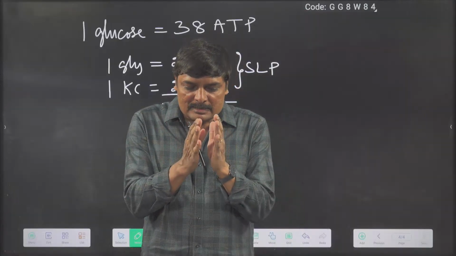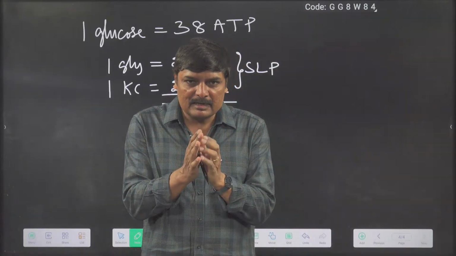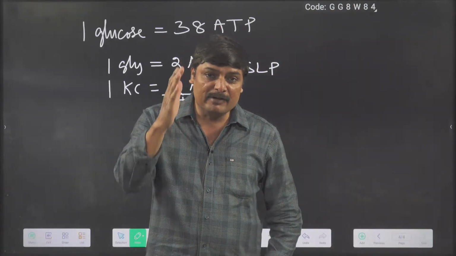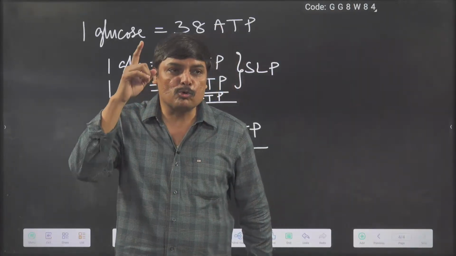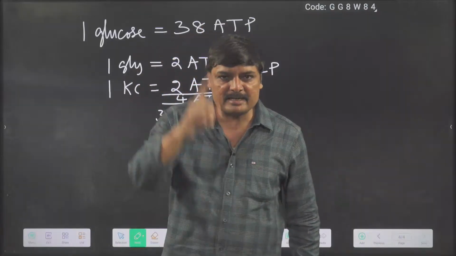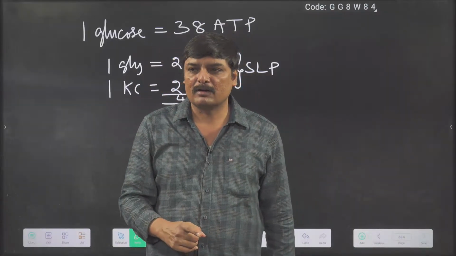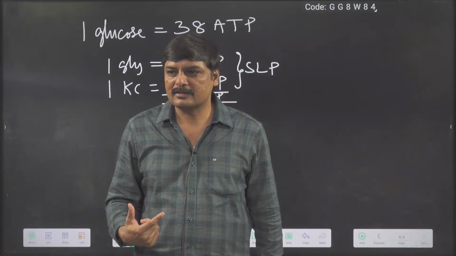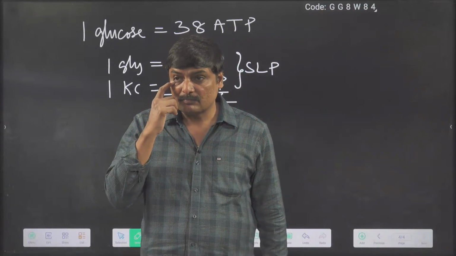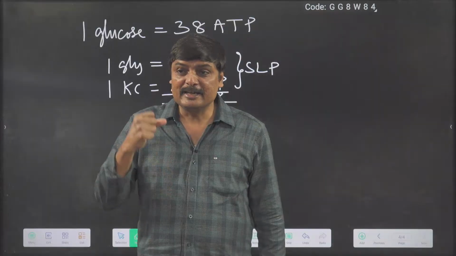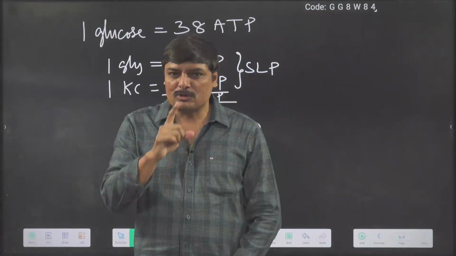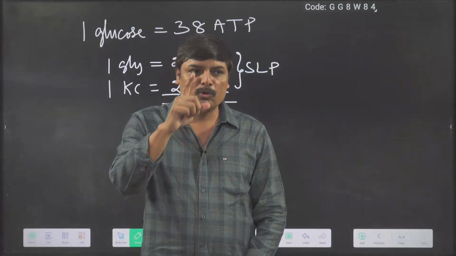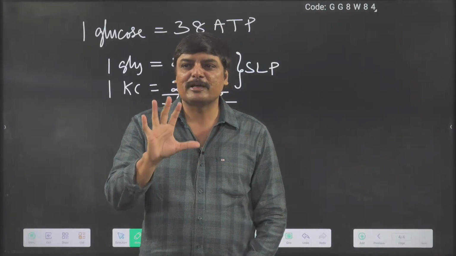So, the role of oxygen is seen in the last phase of respiration, even though it is crucial, it is vital for continuation of the cycle. Understand the point? It is the vital step. So oxygen's role is seen only in the fourth step.